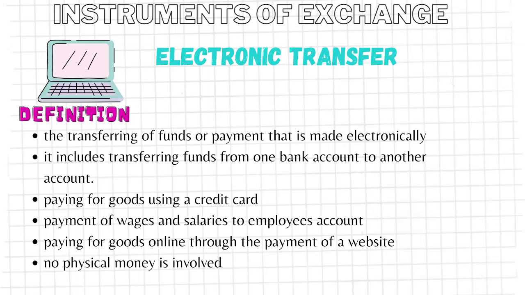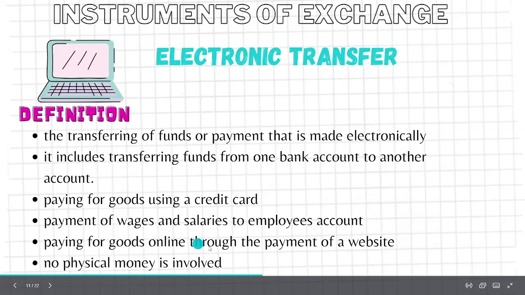It also includes paying for goods online, and this is usually done on a website or a particular app. And no physical money is involved in this particular type of exchange.